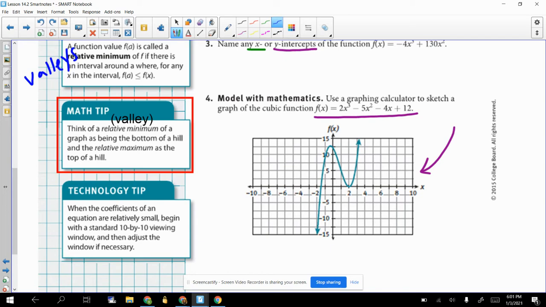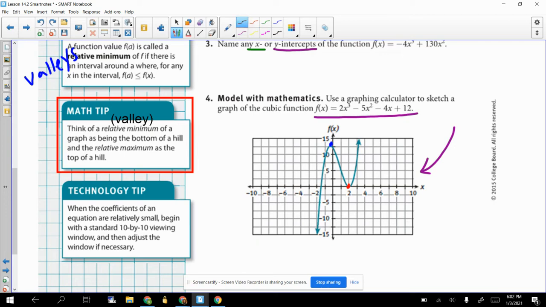So to start out, I know I have a relative maximum here. So we could probably estimate that at maybe 12.5, 12.6, okay? Because we're saying how high it is. Then this one here, your relative minimum, we would say it's probably at 0.